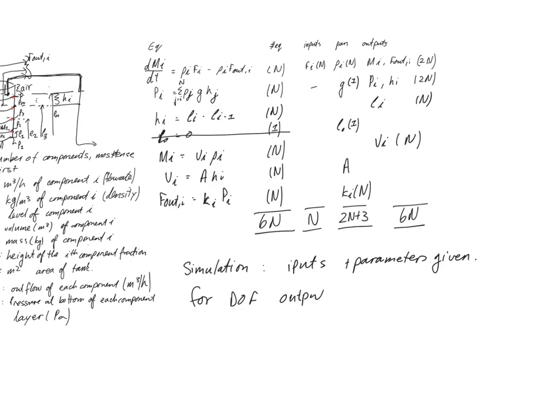The outputs must be equal to the equations. Okay, so DOF is equal to equations minus outputs is equal to 6n minus 6n equals 0 equals win. Okay, right, there you go. It looks like we have a winner.